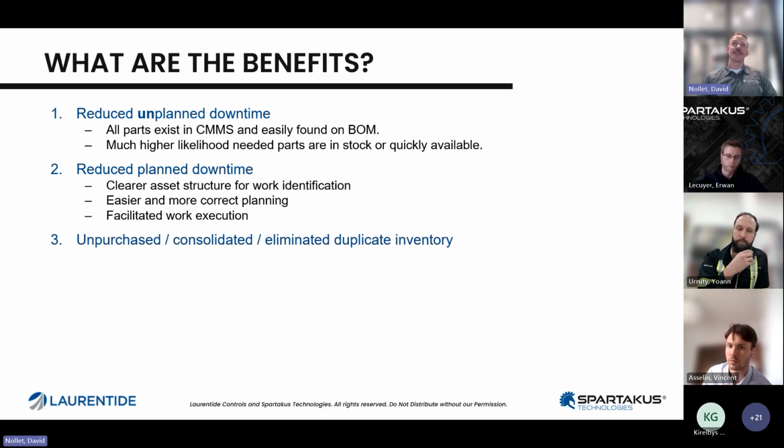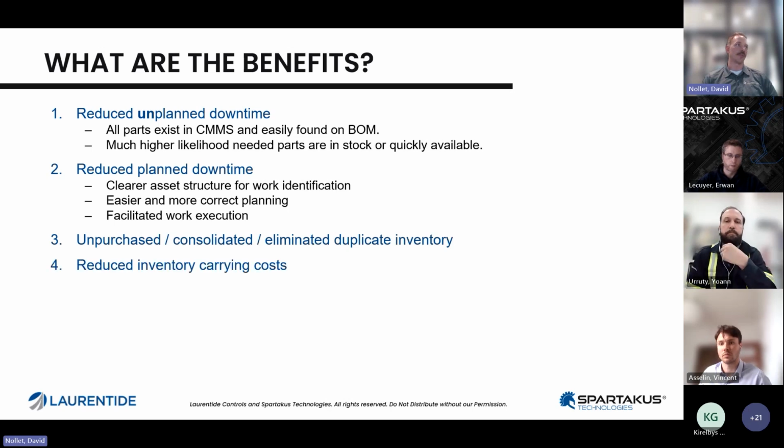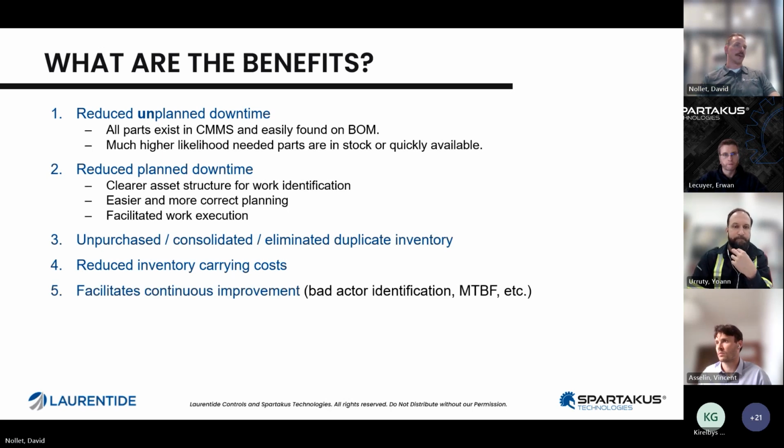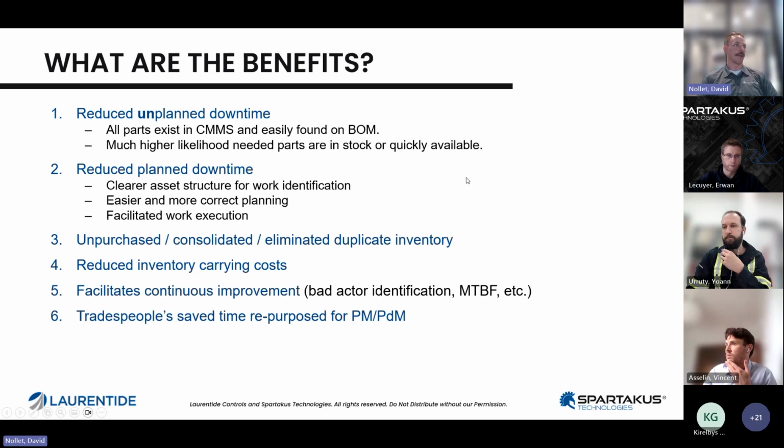I'm going to have less duplicated, obsolete, erroneous inventory. That's money in my pocket. Every part that I eliminate from my stores that's obsolete, let's say, I'm eliminating carrying costs that are associated. I'm enabling my continuous improvement loop that we said without that data breaks that cycle and doesn't allow me to make any of those improvements.